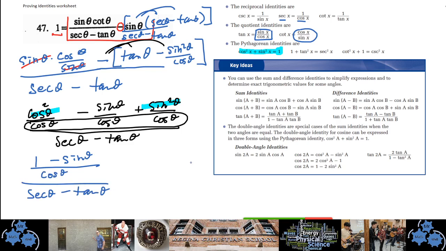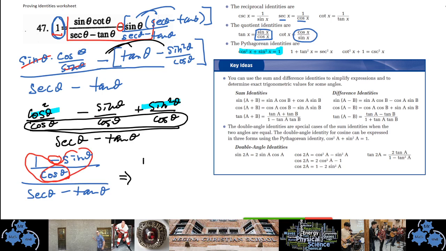Okay. Now remember, we're trying to get to 1 here. See, we're trying to get to 1, so that can kind of inform you on what we're going to do here. And I know this looks really gross. But hey, if something equals 1, that means the top is the exact same as the bottom. So can I get this top to secant theta minus tan? And maybe you're noticing this, but if I write this minus this, you see what happens? See that? Maybe you don't.